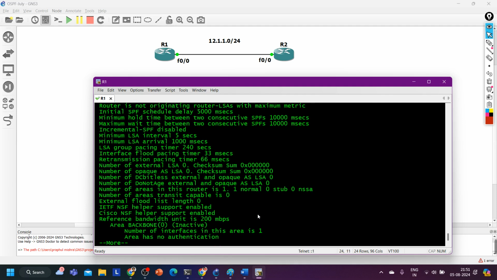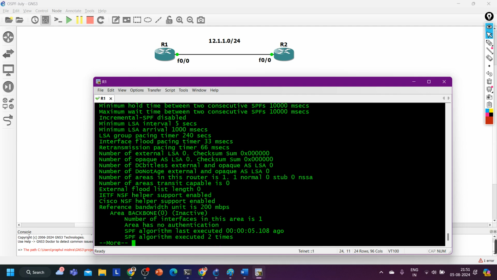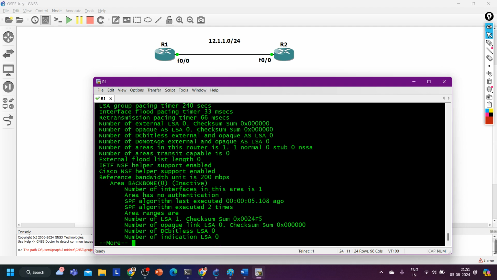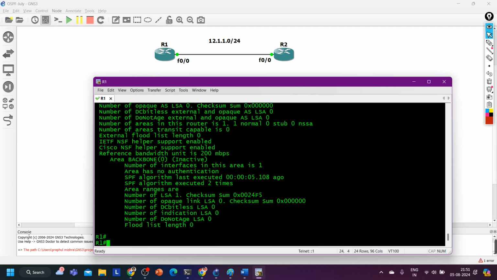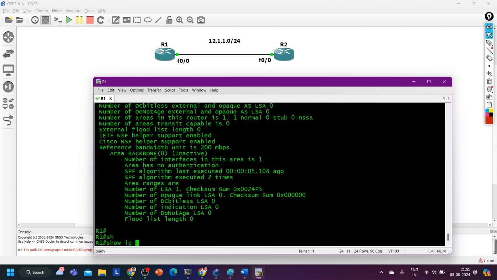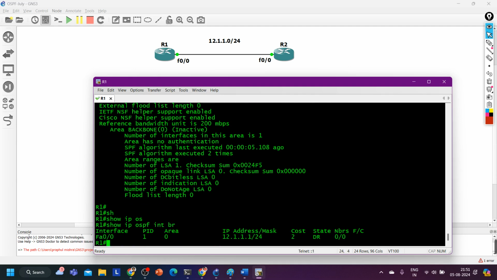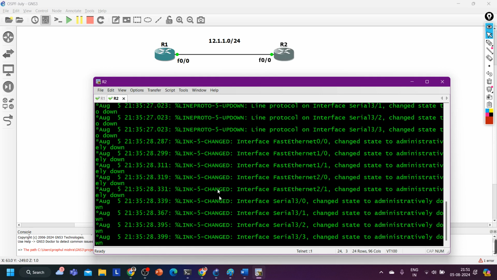What is the reference bandwidth now? 200. So show ip ospf interface brief. The cost is changed, right? 200 divided by 100: reference bandwidth divided by bandwidth of the link. Got it? Now let me configure OSPF on router number 2.